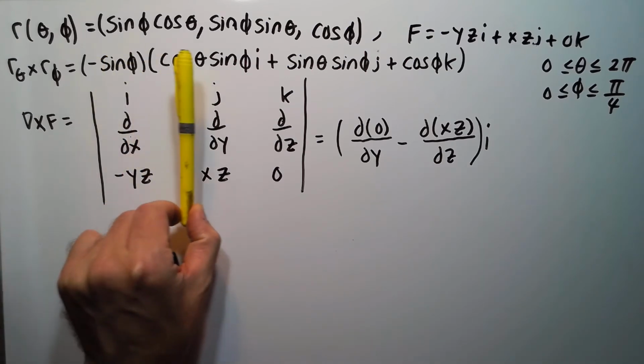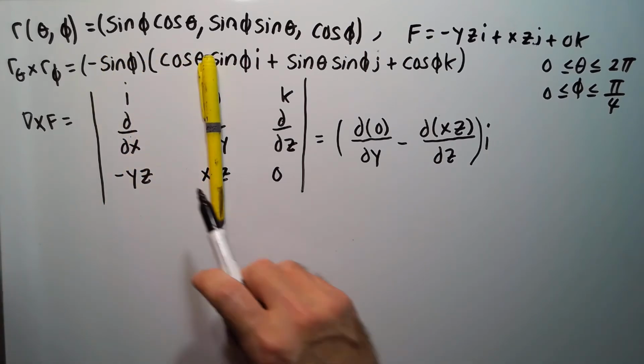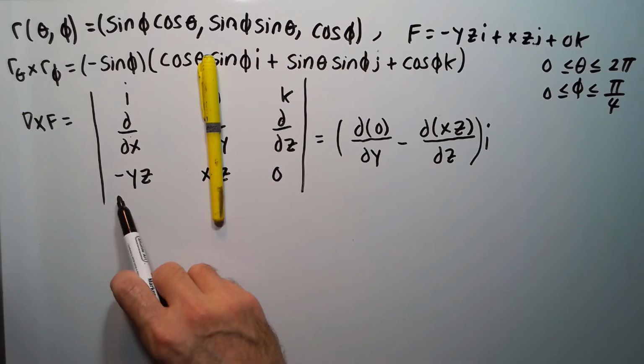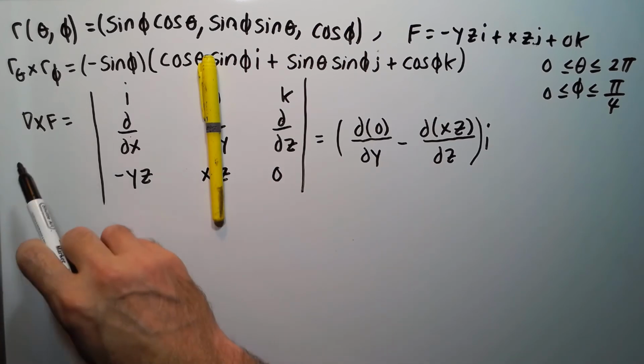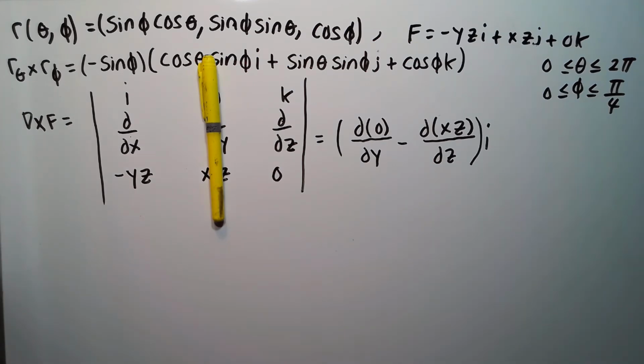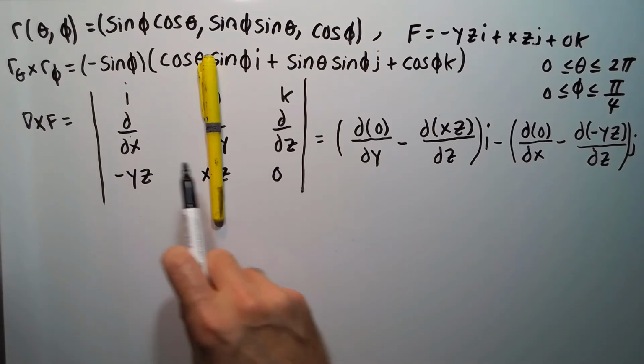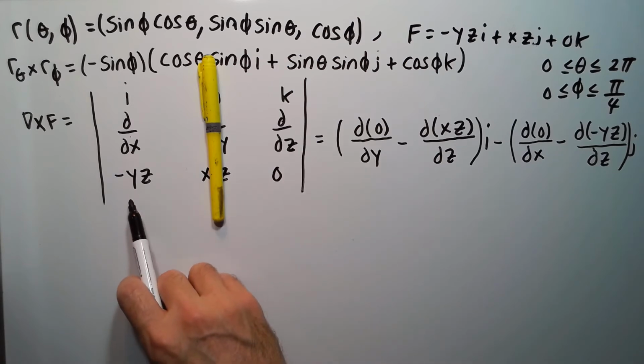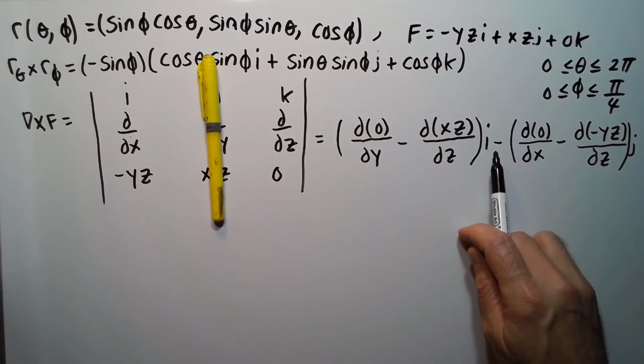Now we'll do the J component next. It's going to be partial x operator acting on 0 minus partial z operator acting on negative yz with a minus sign in front. So let me write that over here. Okay, so we get partial x operator acting on 0, which I have here, then minus partial z operator acting on negative yz with a minus sign in front.